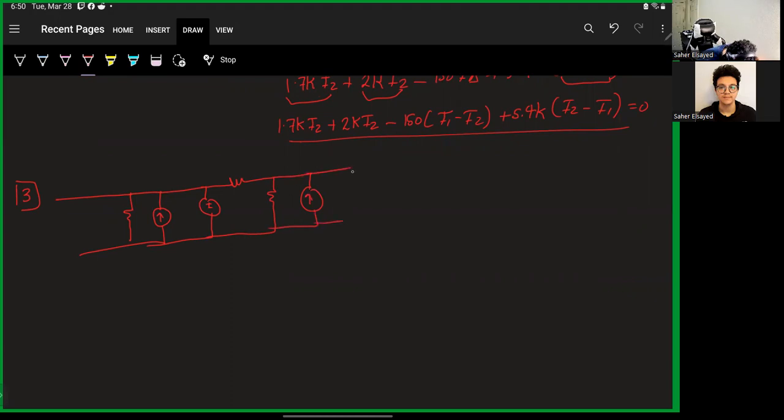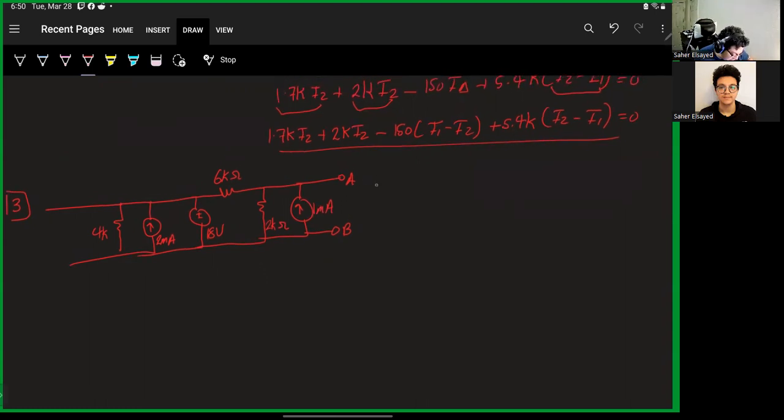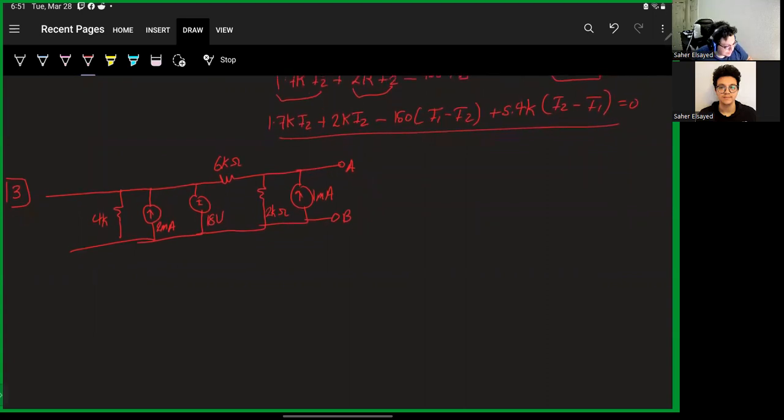And then you have your A and your B. And you have 40K ohms here. You have your 2 milliamps. You have your 18 volt and a 6K ohm resistor here, a 2K ohm resistor here, and you have a 1 milliamp current source here. So it's asking you to do it with respect to AB. So as you can see here, AB, remember?